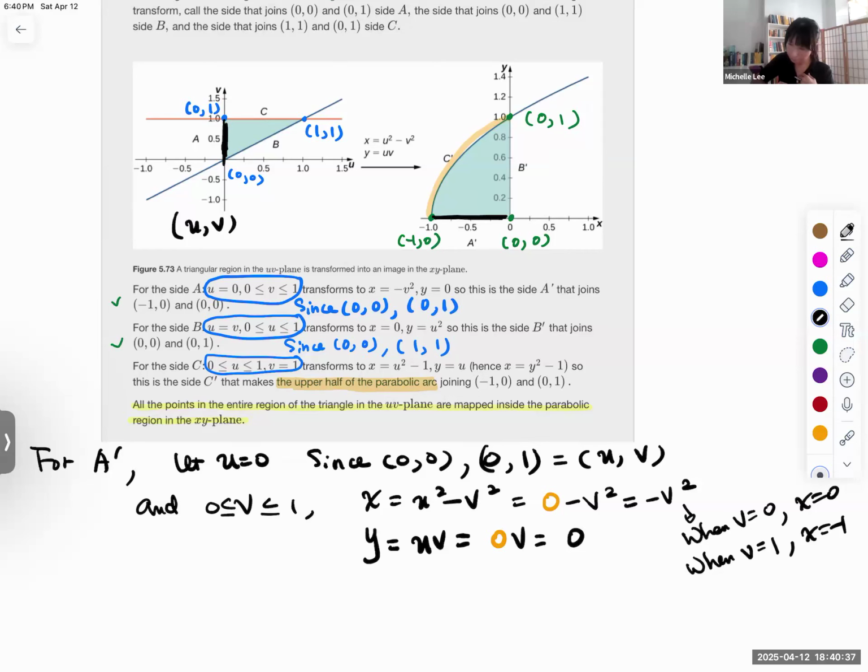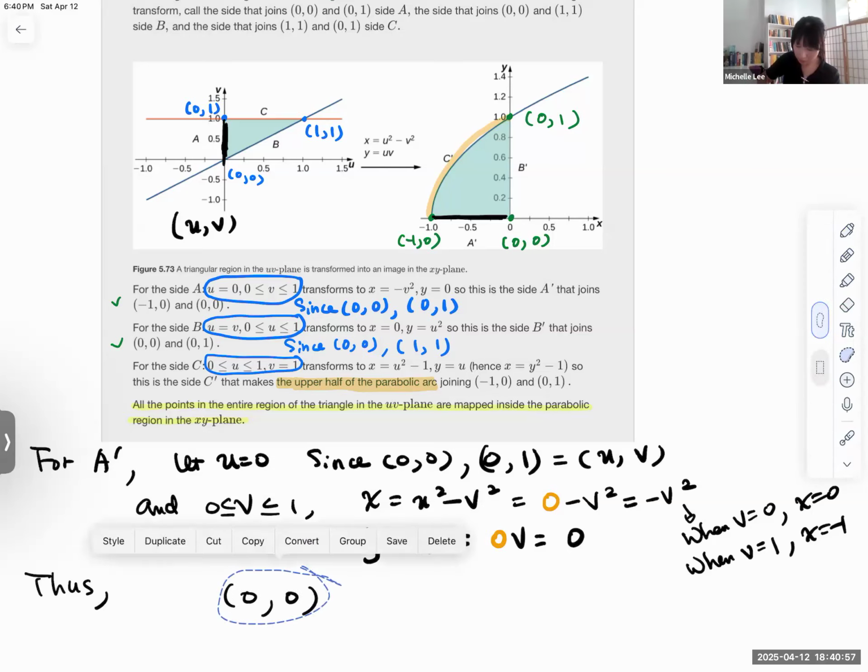So what about y? Y is always 0, right? So we get x equal to 0, y equal to 0. Let me write down x, y.